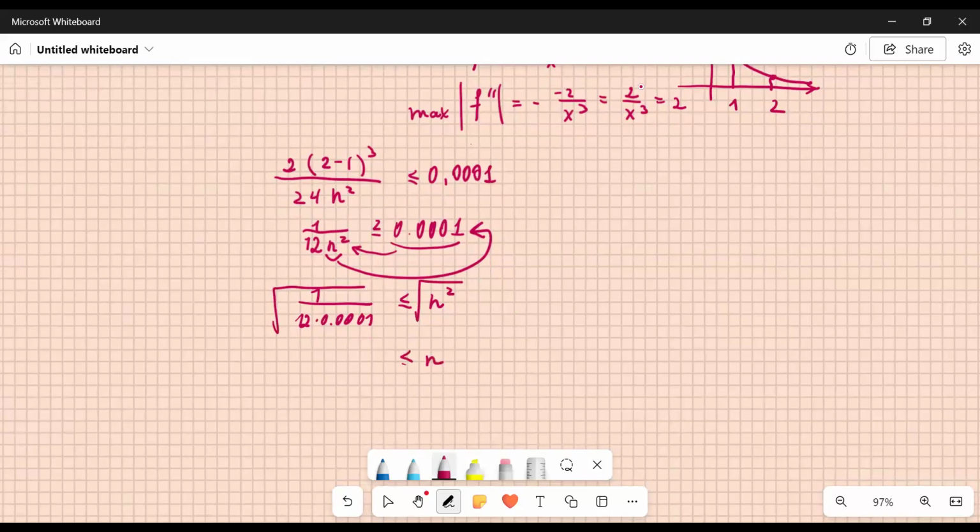And n is going to be greater than or equal to, I calculated it already, or a book calculated, I don't remember, 40.8. Well, what should be your n? You can choose n equals 41 because it's supposed to be greater than or equal. You cannot use n equals 40.8 because n is the number of steps. You cannot use 40.8 steps.